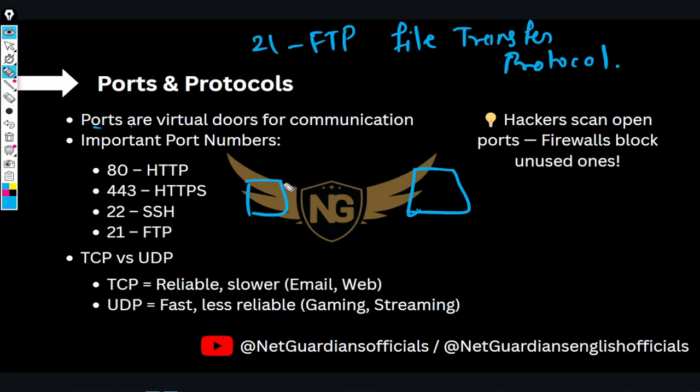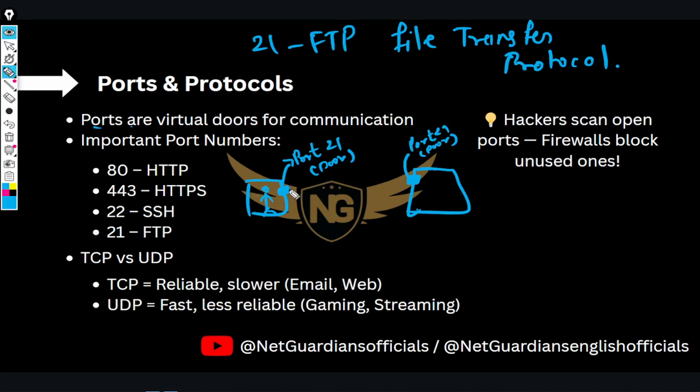So my device has to share a file with you. I will check that my port number 21, our door, is open, and I will check whether your system's port number 21 door is open or not.